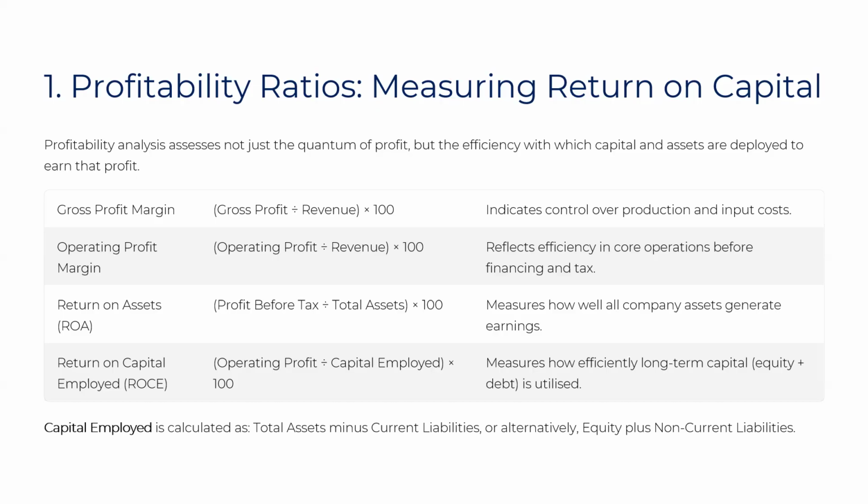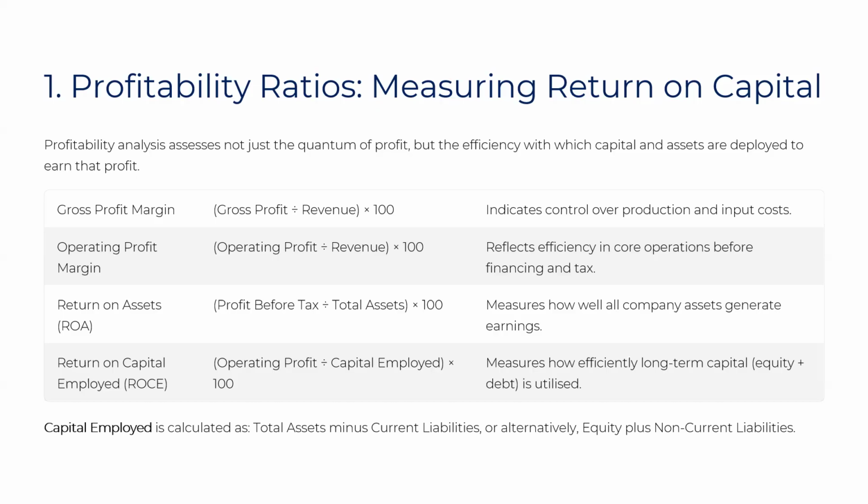A very good example of operating expense is administrative costs, distribution costs. So these are operating expenses. Operating profit is also called profit before interest and tax.